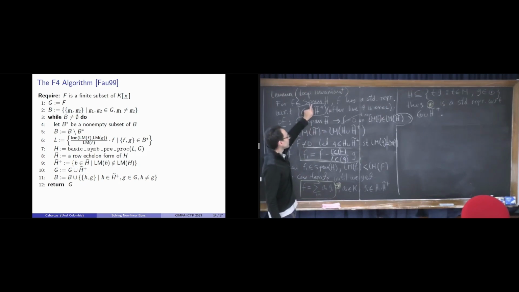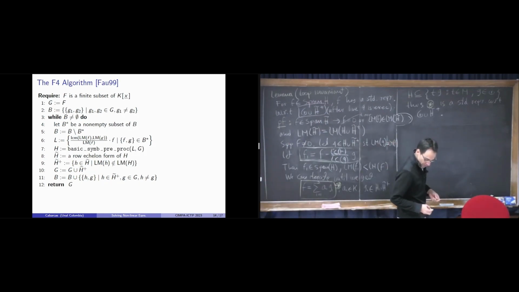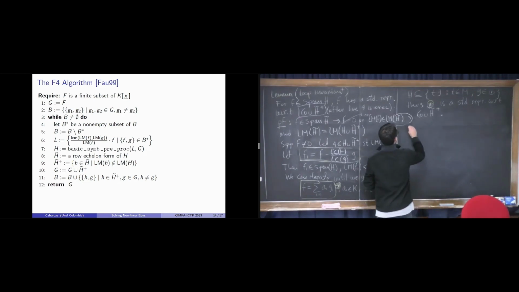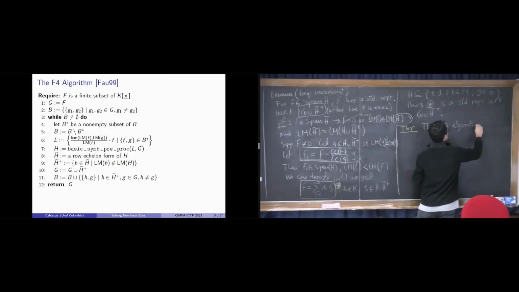The elements in the span of H have a standard representation with respect to G union H tilde plus. And so now we can prove that the F4 algorithm computes a Groebner basis. Say, theorem: the F4 algorithm computes a Groebner basis of N.